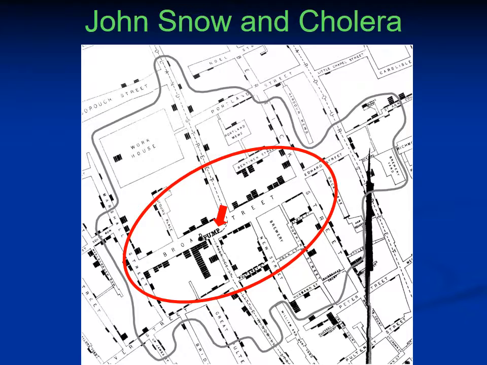So after this happened, more investigation actually was done. And what was discovered, a kind of disgusting discovery, is that this shallow well that fed the Broad Street pump was dug just 3 feet from an old cesspit that had been leaking. A cesspit is basically a pit that they dug back in the day under people's houses.